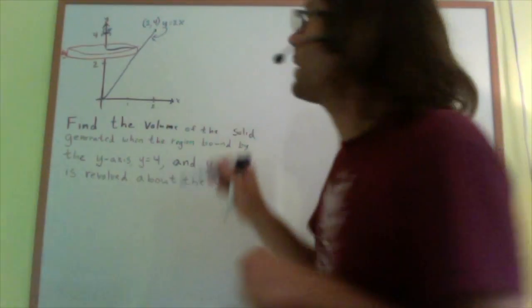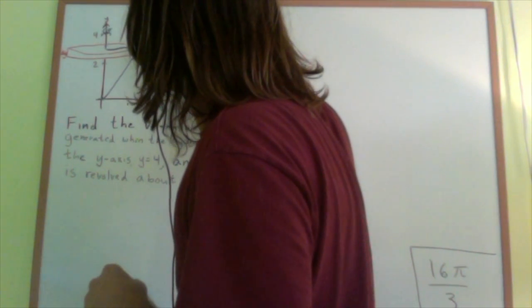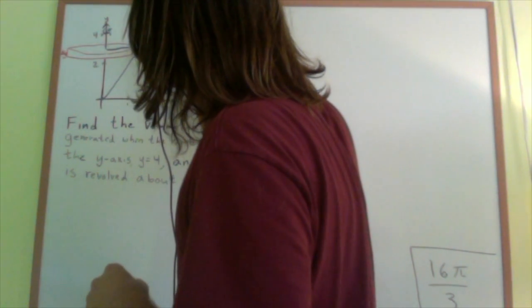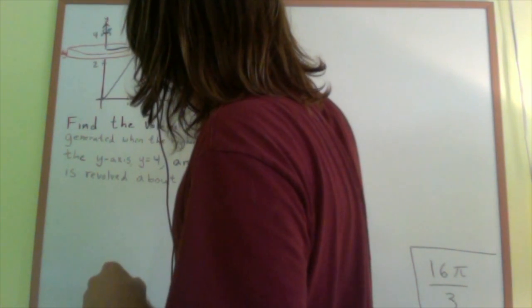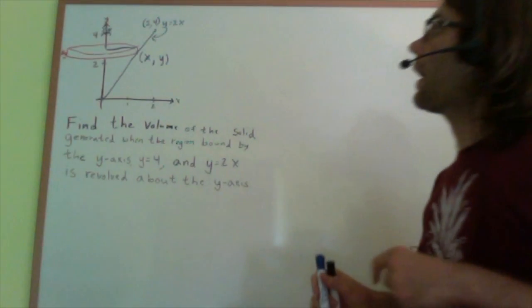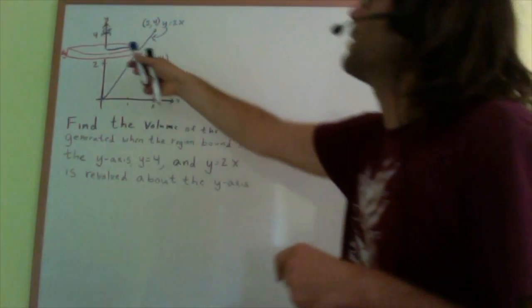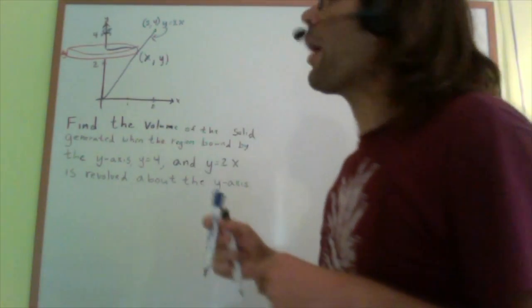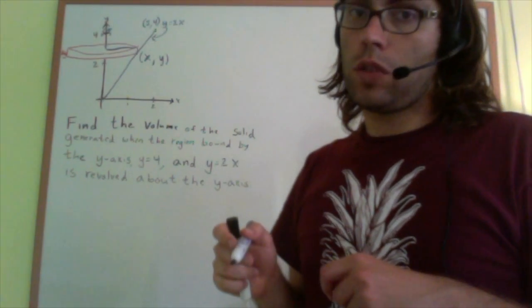Now you can see an arbitrary point. This is x, comma, y. And what's going to happen is that the radius here is x. However, we need to write x in terms of y.